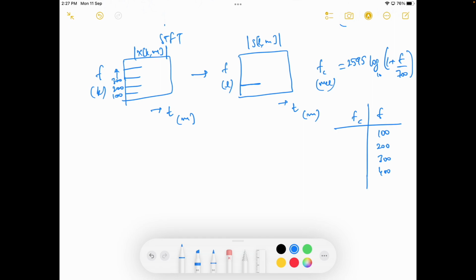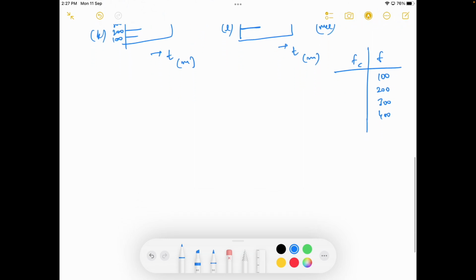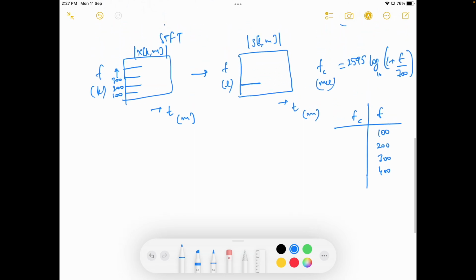You can compute your center frequencies, and they will not be spaced equally. They will have a decaying spacing.